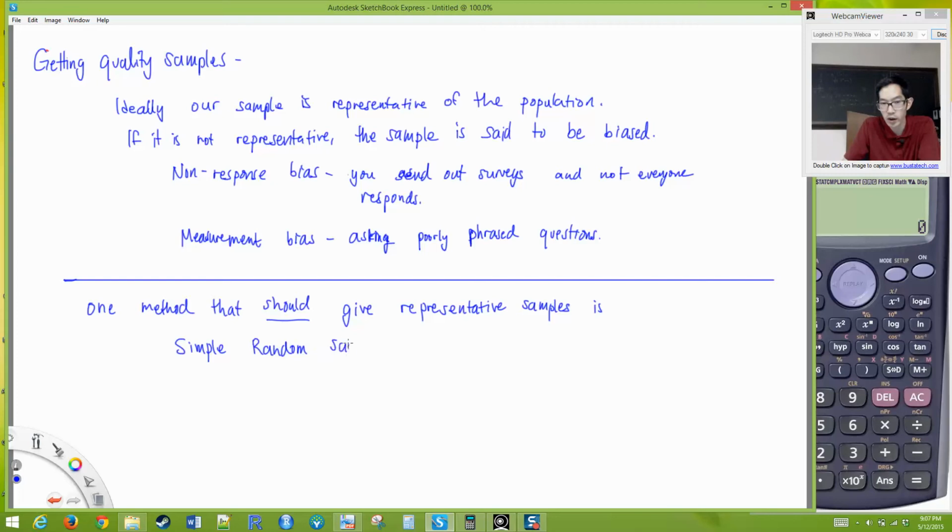Okay. And with simple random sampling, or SRS, we number every single person in the population.